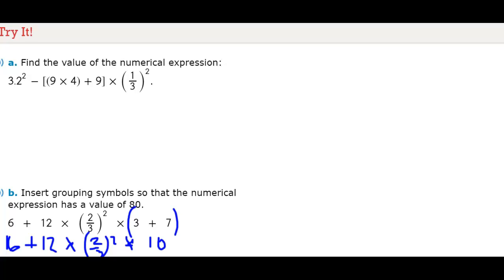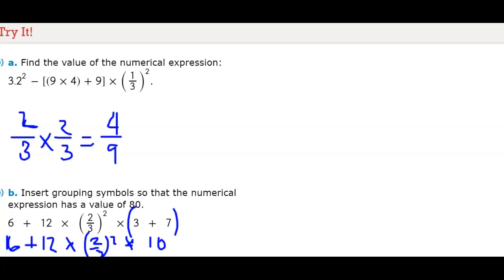Right? So now what's next is exponents. Our exponent is 2/3 to the power of 2. So we do, and I'm going to write it up here, 2/3 times 2/3. That's going to be 4/9.